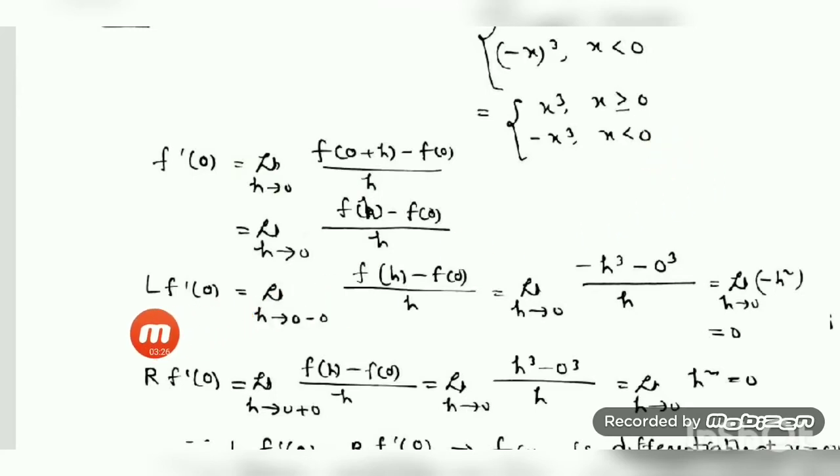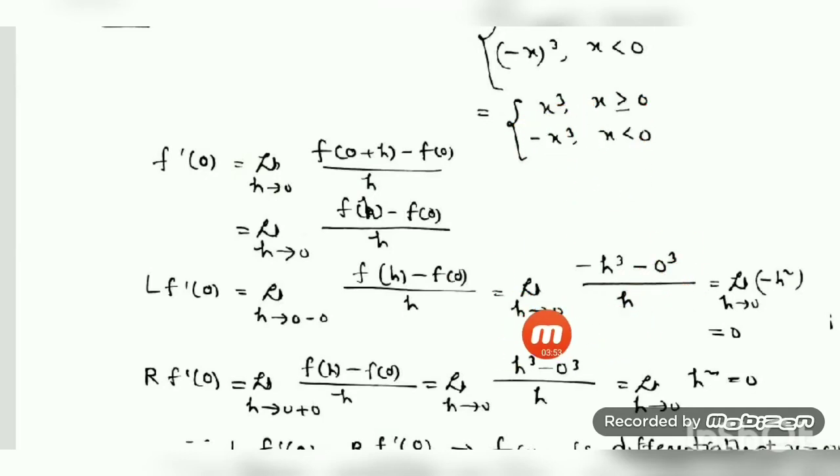So I have written here Lf dash 0 is equal to limit h tends to 0 minus 0 of f(h) minus f(0) by h. Now from here we understand that h is less than 0. So if it is less than 0, then I can use the definition of f(x) for x less than 0, that is minus x cube, so f(h) is minus h cube. So we can write minus h cube minus f(0), which is 0 cube, by h.